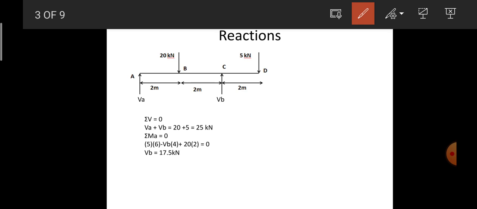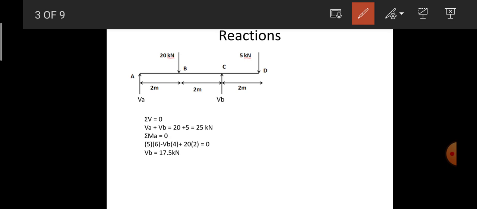Next is the 20 kilonewton load. So 20 into the perpendicular distance of 2 meters. Going along the force through the line of action, 20 into 2 is in the clockwise direction. Equating this to 0, we get the value of VC as 17.5 kilonewton.